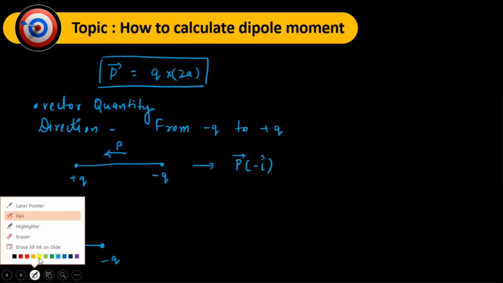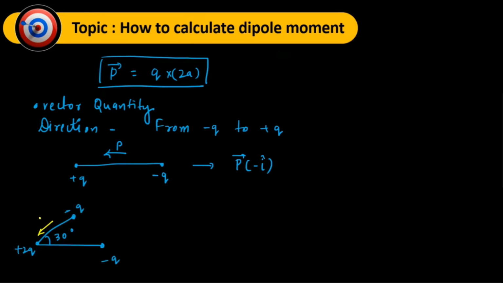In this configuration, the electric dipole is directed this way in both cases. The dipoles make an angle of 30 degrees between them. Also, try to understand how the direction is directed, because direction is very important to understand the net electric field when we talk about it later in this session. Again, a very important topic, and one FRQ will be from this section.